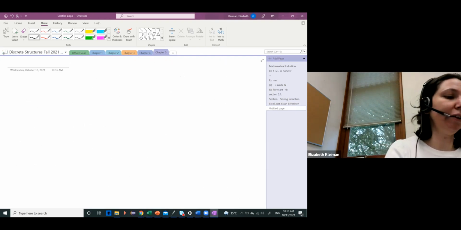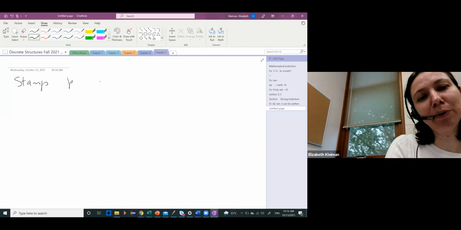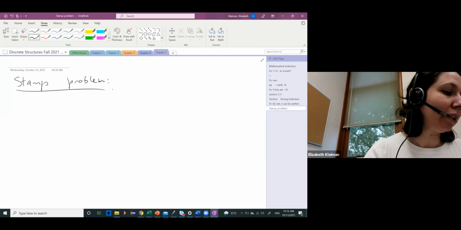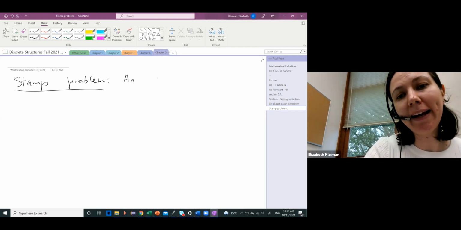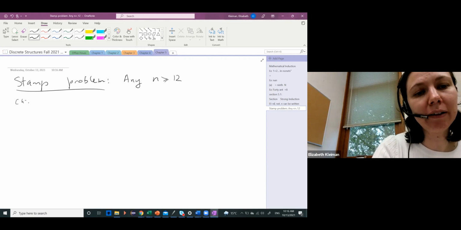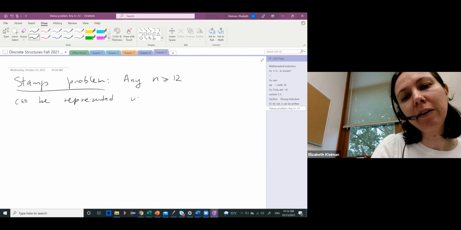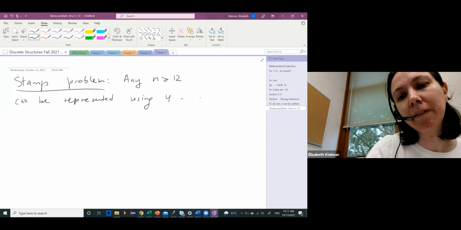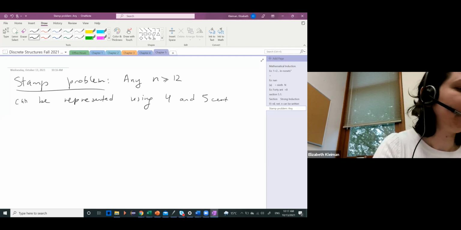Now, last question for today. We are going to talk about a stamp problem, and you're going to practice it at the discussion too. So I'm telling you that any n bigger or equal to 12 can be represented using 4 and 5 cent postages.